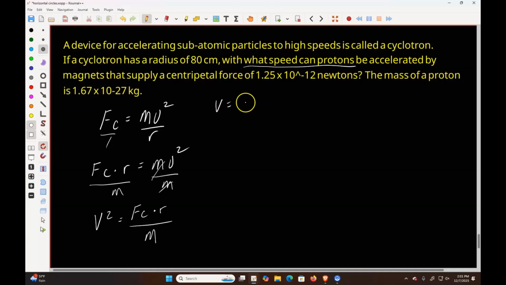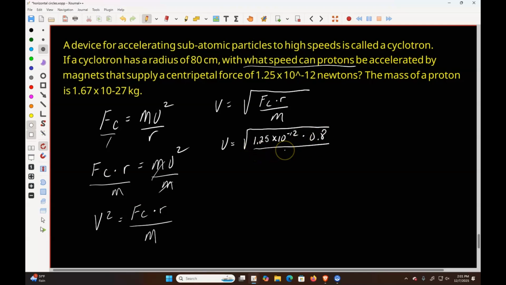So velocity is equal to the square root of the centripetal force times the radius divided by the mass. So the velocity is going to equal, all right, it says that the centripetal force is 1.2 times 10 to the negative 12 times the radius, which is 80 centimeters, which is 0.8 meters.